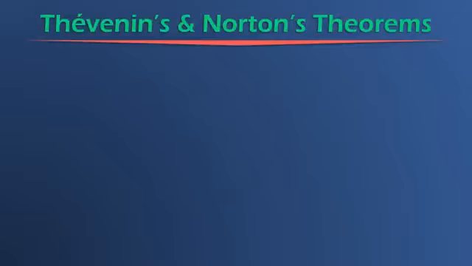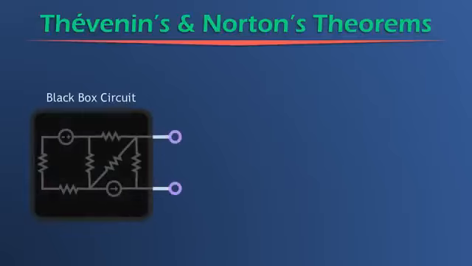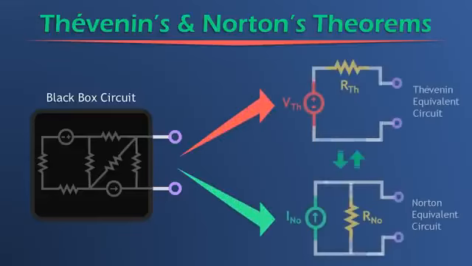So, Mr. Thevenin and Mr. Norton both created theorems that say very similar things. Basically, they say you can take any black box circuit consisting of voltage sources, current sources, and resistors, and convert them into a Thevenin circuit or a Norton circuit. And a black box is basically just some system or some circuit where you don't really care about the actual components inside of it.